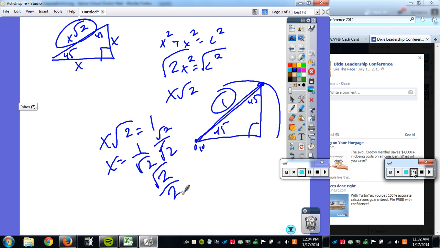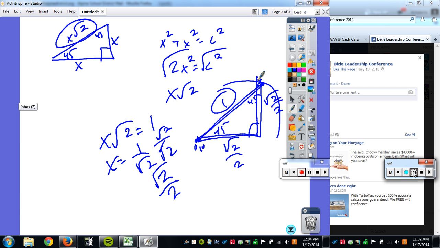So that's why it's root 2 over 2. When the hypotenuse is 1, this side is root 2 over 2, and this one is root 2 over 2 as well. Does everybody understand that? Notice this is 0, 0. What's this point? Well, I'm over root 2 over 2, and then I'm up root 2 over 2.